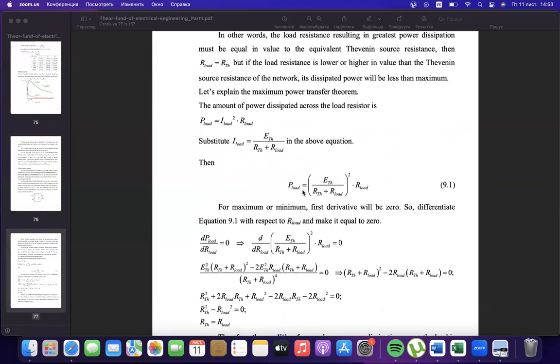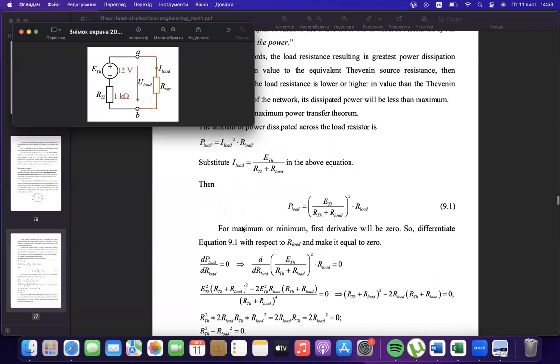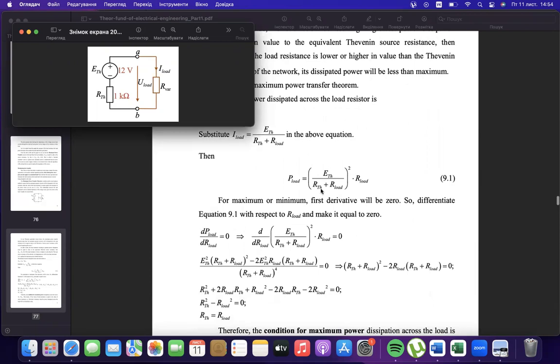Then let's check it mathematically for this circuit. Just calculate the power. Let's look at the same picture. Power of the consumer equals I square R, joule heating. The total current equals voltage divided by the total resistivity of both resistors. Then power should be E square, divided by the sum of resistivities squared, multiplied by R load. Then the derivative of this value should equal 0. We are taking the derivative with respect to R load.